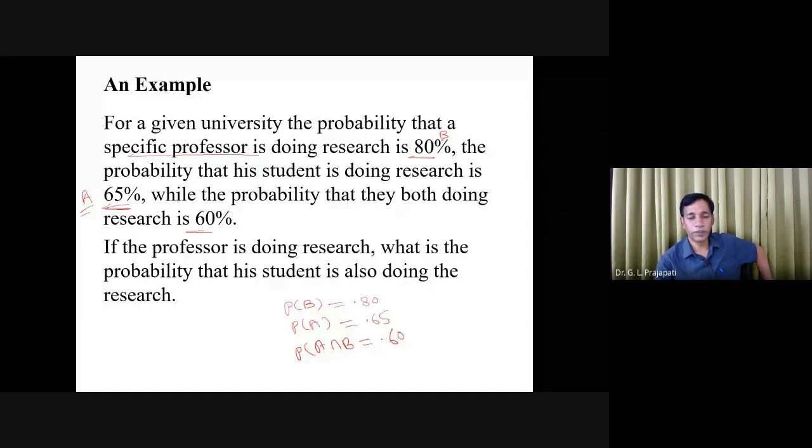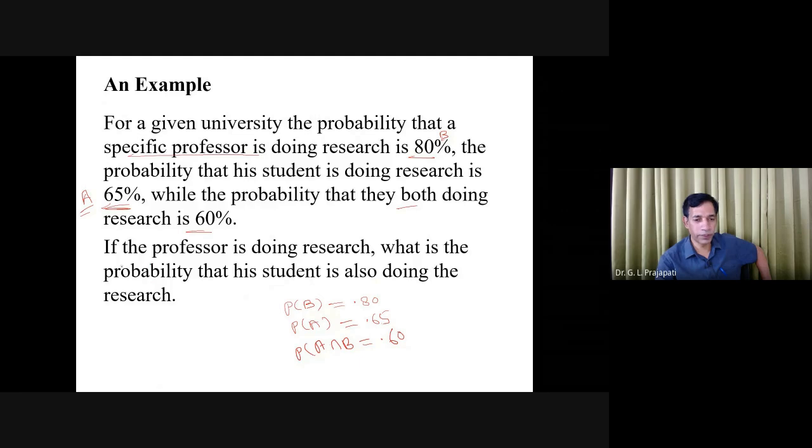They both are doing research means intersection. If the professor is doing research, this is the conditional probability. This is the information you are given. If the professor is doing research, then what is the probability that his student is also doing research? We need to determine the probability that the student is doing research given that the professor is doing research.